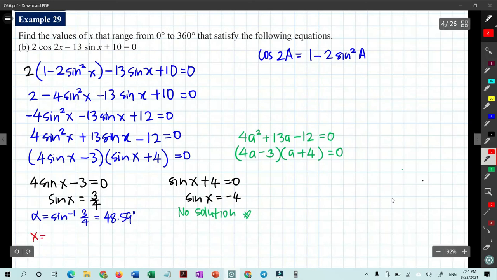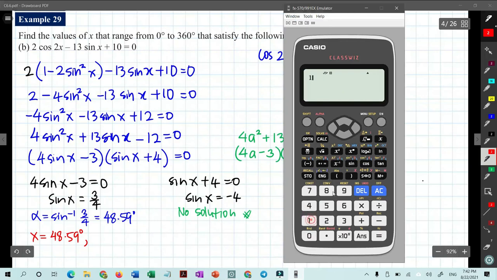So x is equals to, okay, theta is equals to alpha, so therefore we get 48.59, and for the second quadrant is 180 minus alpha, so 180 minus 48.59. Okay, the answer is 131.41.